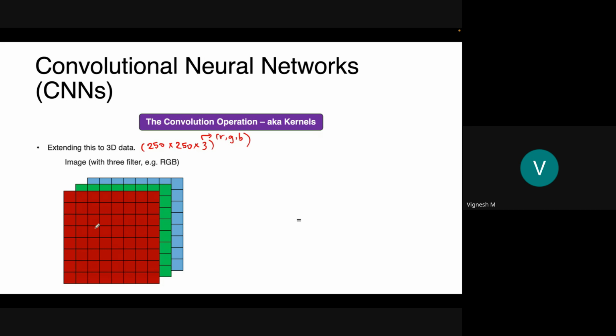Now you have convolution in 3D. What can anyone tell me about what the dimensionality of the kernel will be for such a case? It will also be three-dimensional. Three-dimensional, right? So it has to be this way, correct? So let's say something like that. And how would the 3D convolution now work?